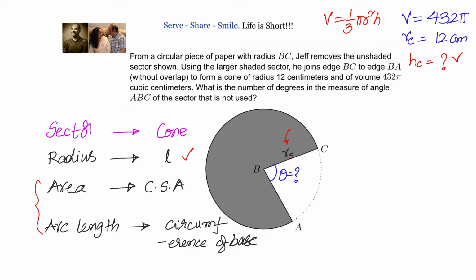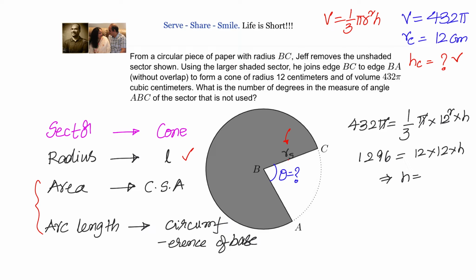V equals 432 pi equals 1/3 into pi into 12 square into h. I can cancel pi and pi. I will have 1296 equals 12 into 12 into h. When I simplify that, I get h equals 9 centimeters.